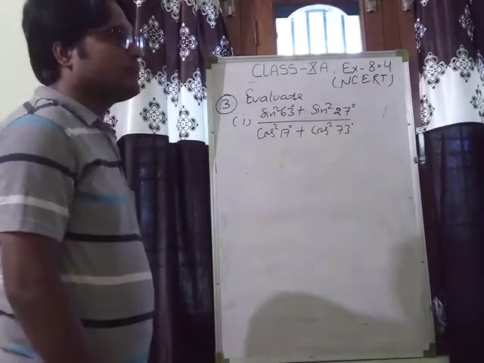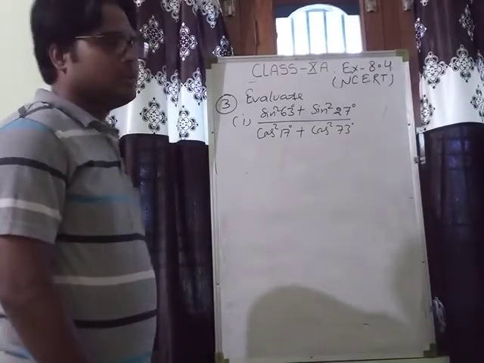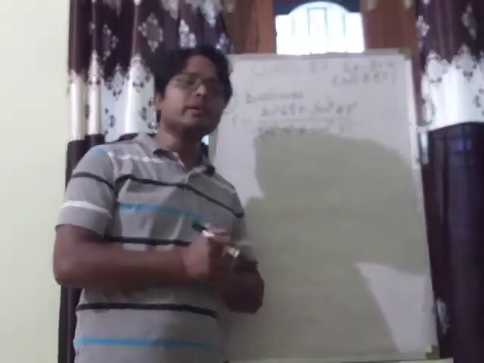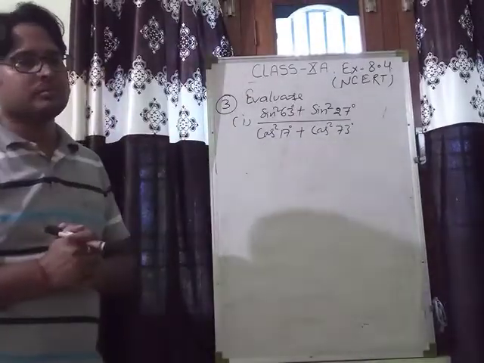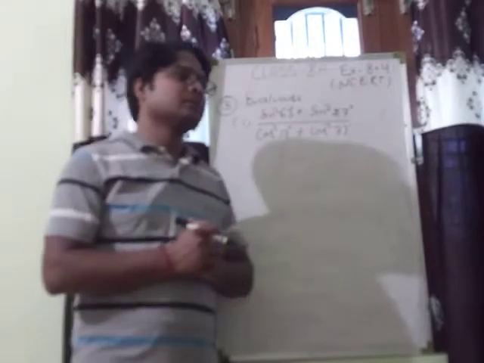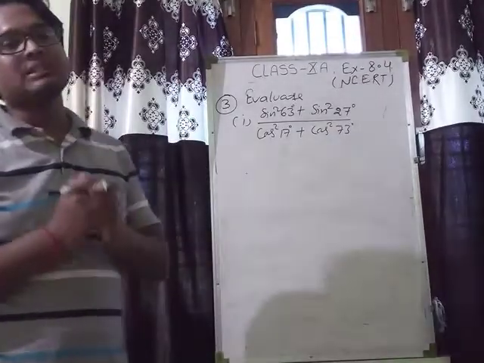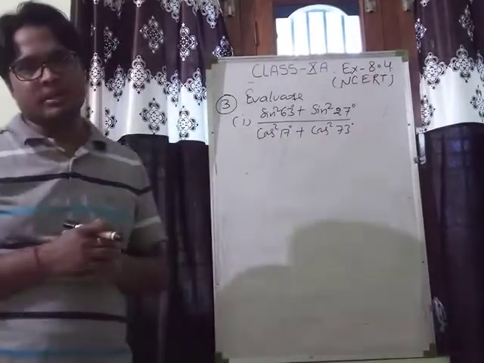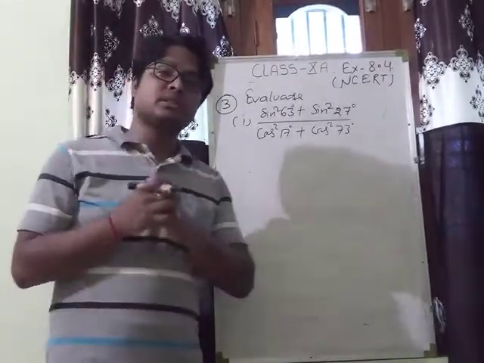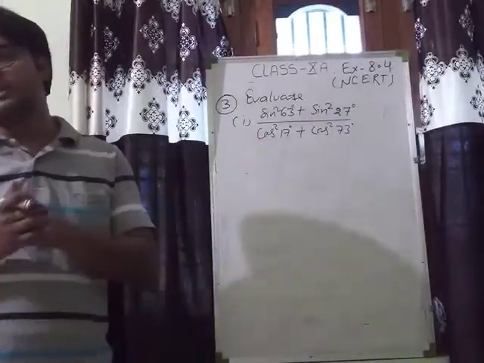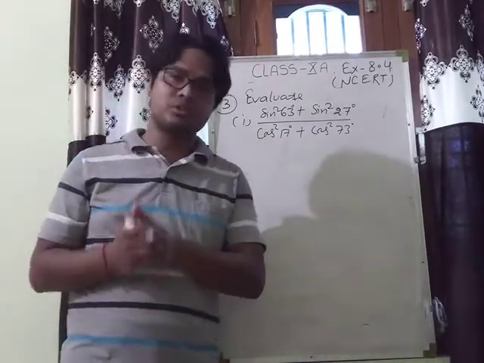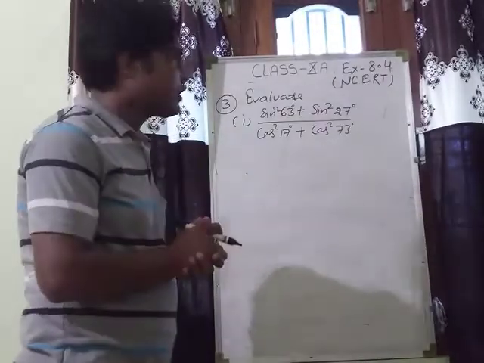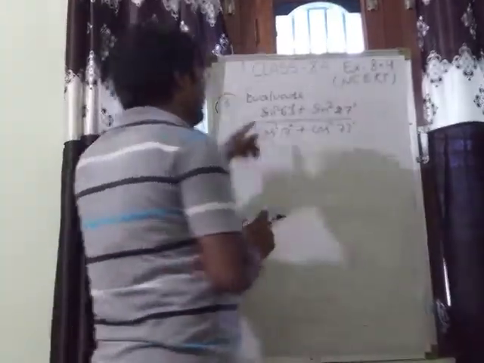See, when we read the topic trigonometric ratios of complementary angles, we know that sin theta is equal to cos 90 minus theta, cos theta is equal to sin 90 minus theta, tan 90 minus theta is equal to cot theta, cot 90 minus theta is tan theta, sec 90 minus theta is cosec theta, and cosec 90 minus theta is sec theta. By using that, we can write this.